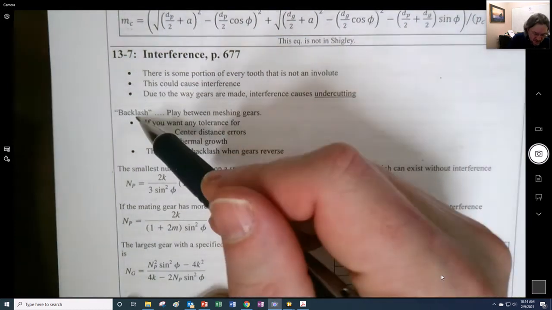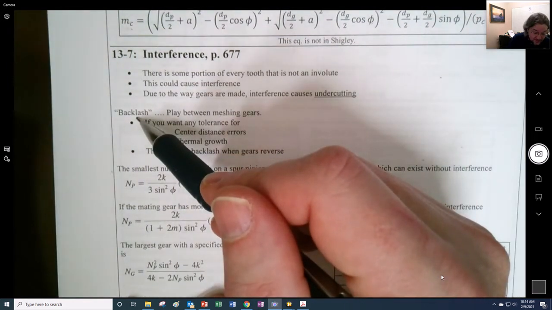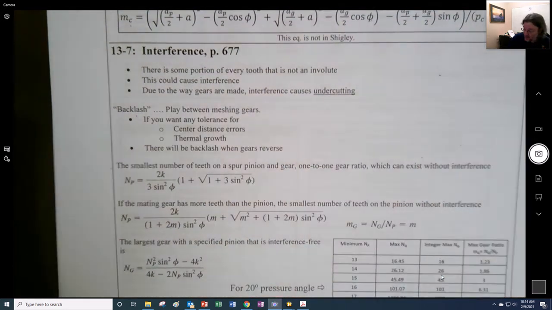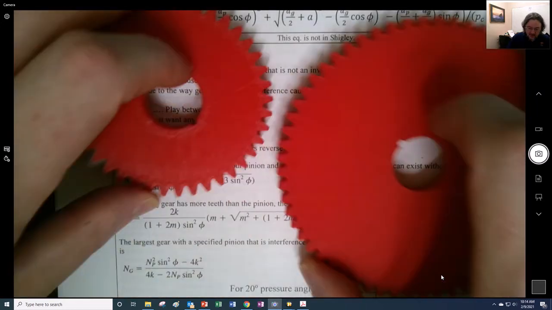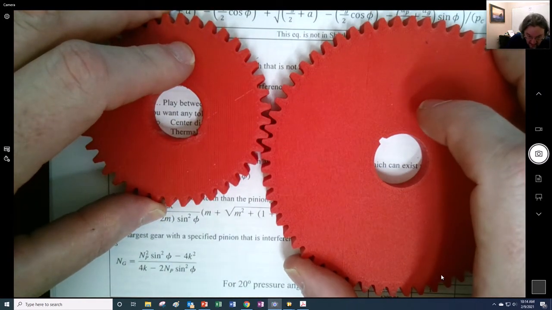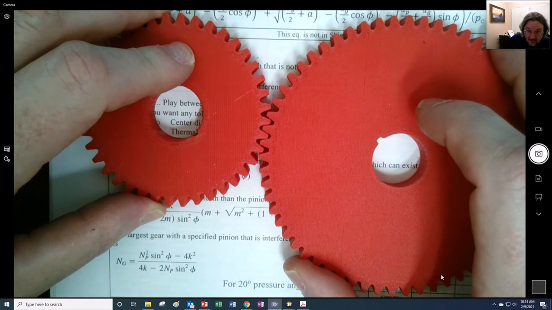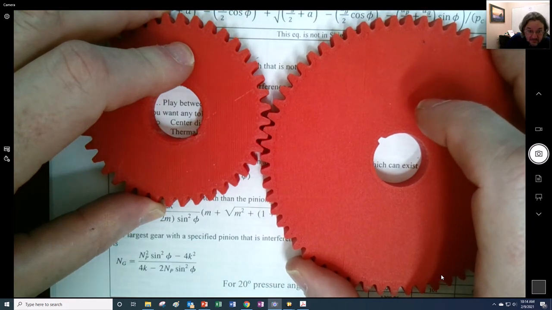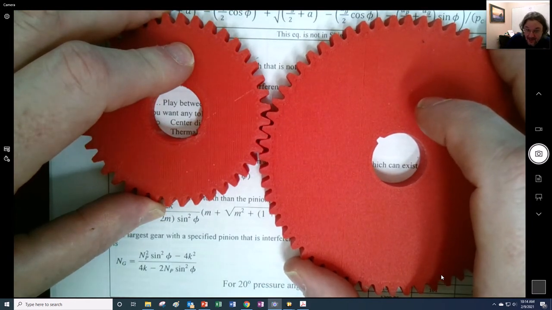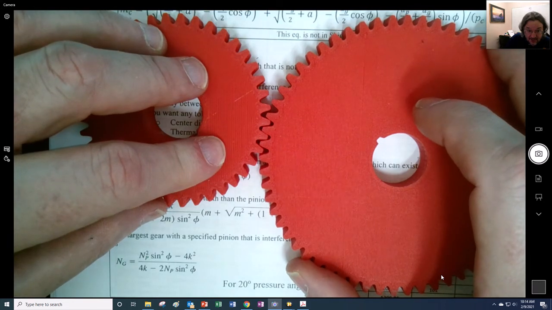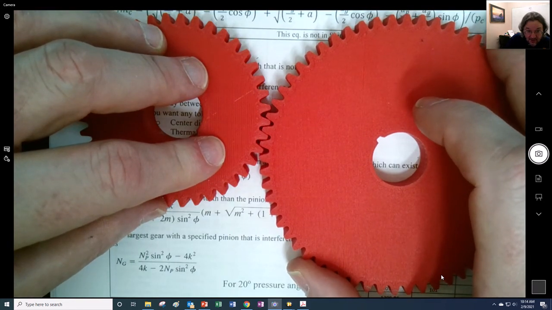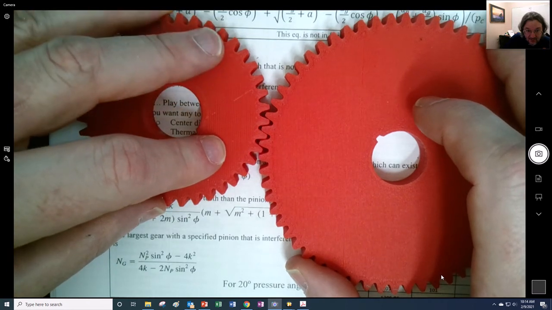I did mention in one of the other videos something called backlash. You can think of that as the amount of play that you have. I hold this stationary, and we can come back and forth. Backlash can be a good thing because it avoids some of the interference.